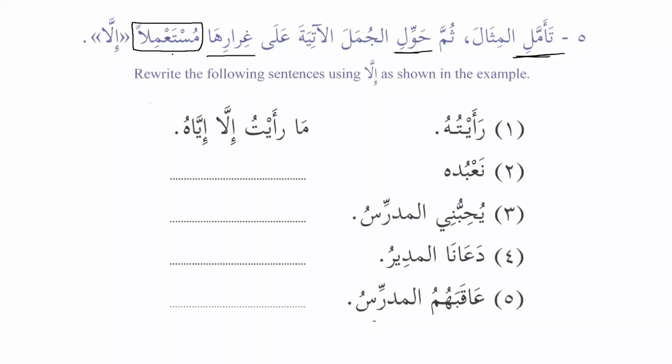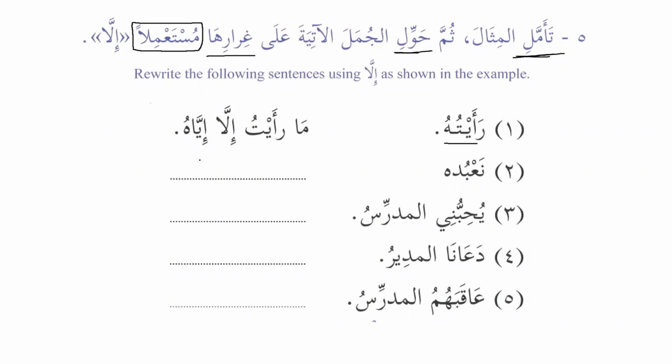Tamiz and hal. Rewrite the following sentences using illa as shown in the example. Ra'aytuhu, and you want to say ma ra'aytu illa iyyahu. Ra'aytuhu, I saw him. Ma ra'aytu illa iyyahu, I did not see anyone else except him, or I didn't see anyone but him.